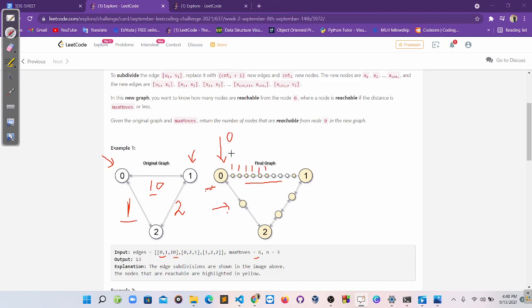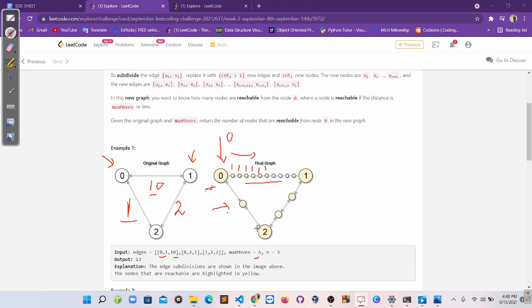So this is the one direction the 0 is connected with. As you know, the 0 is connected with 1 and the 0 is connected with 2. So from 0 to 1 we can utilize our 6 moves.